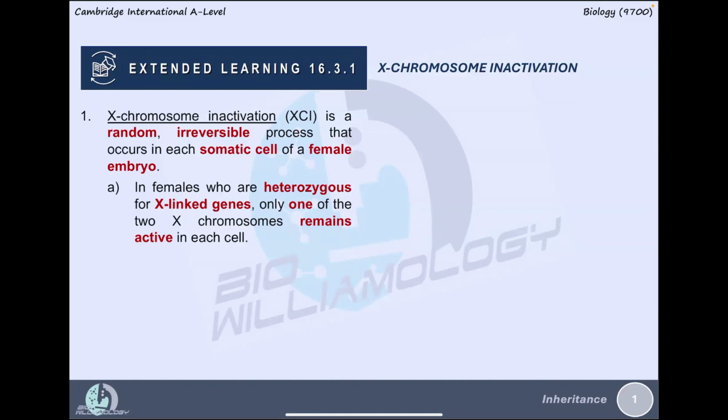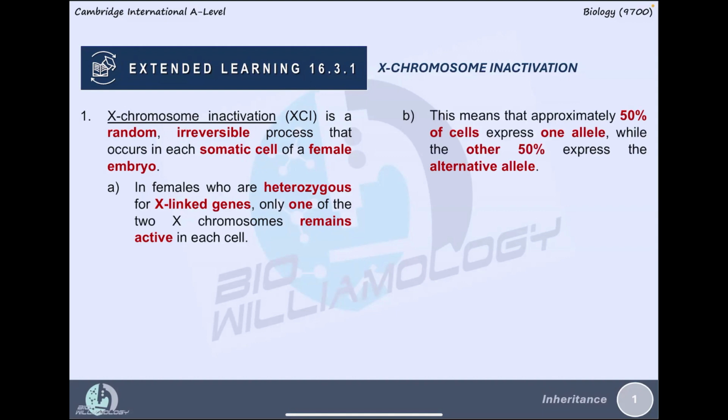So in this case, instead of both copies of the X chromosome remaining active, due to X chromosome inactivation, one X chromosome will be selected, and this is random and irreversible once this selected X chromosome is inactivated.